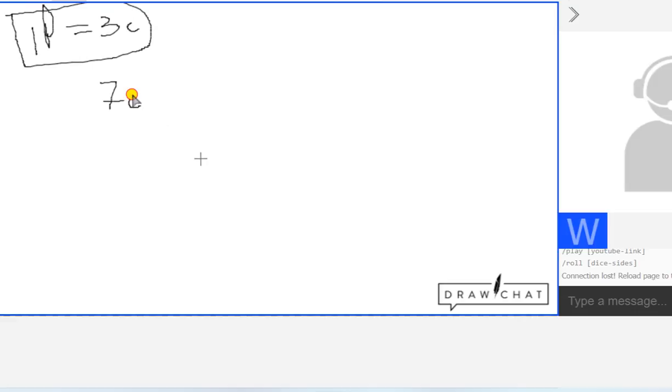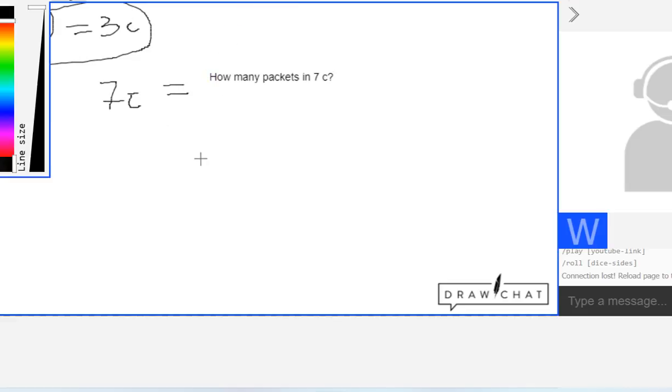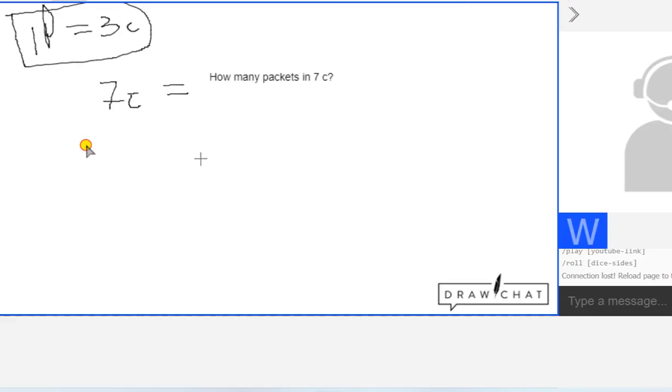How many packets of chocolates do you have? How will you know? You'll have to divide 7 chocolates by one packet.